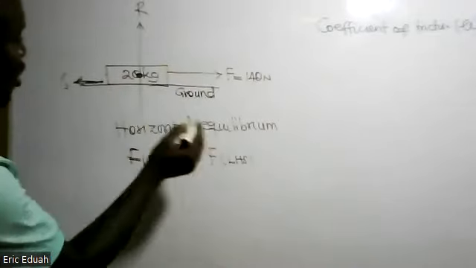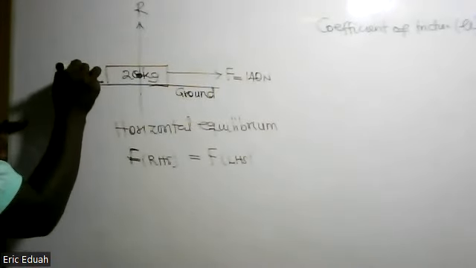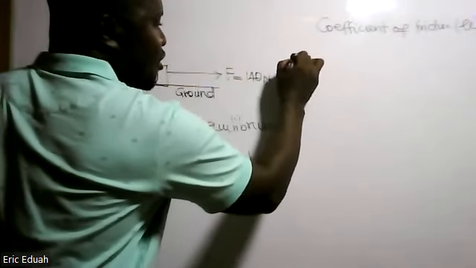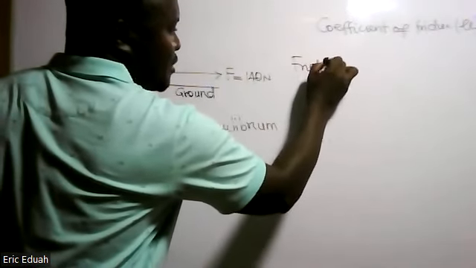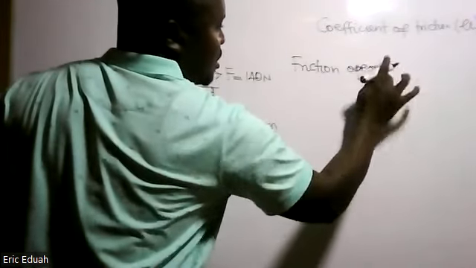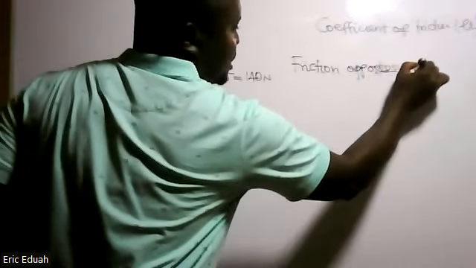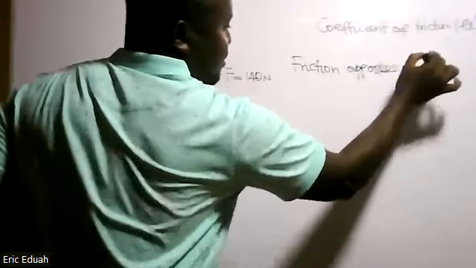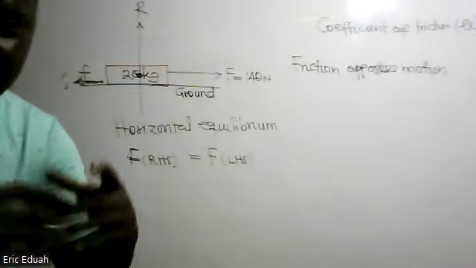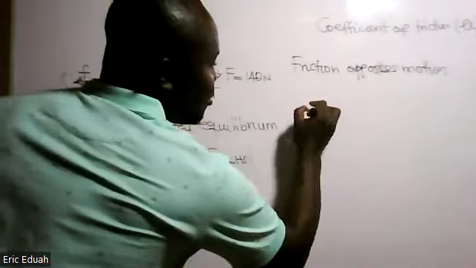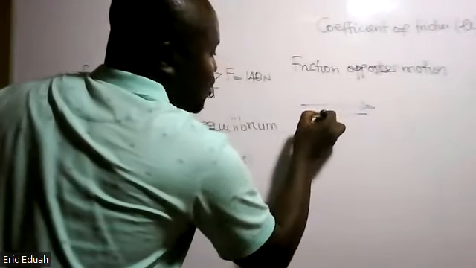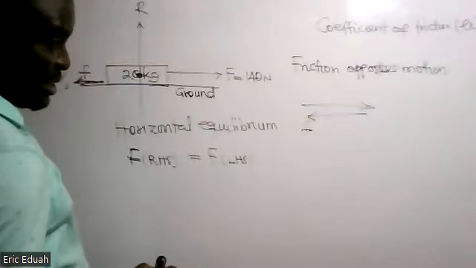So we have frictional force at the opposite end. You see, what is friction? Frictional force opposes motion. So for frictional force, its work is always to oppose motion. So when you are moving in this direction, frictional force would act in the opposite direction.